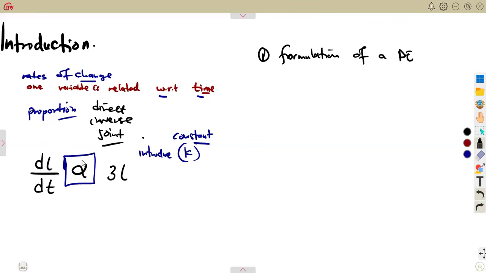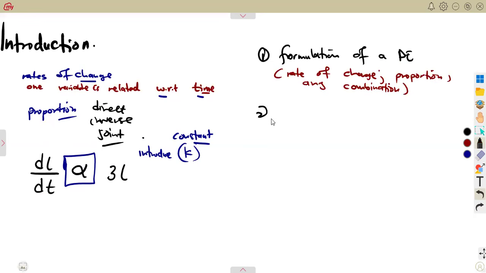This can be from a rate of change. It can be from the proportion that we talked about. It can be any combination that you're given, maybe just the product of two terms.